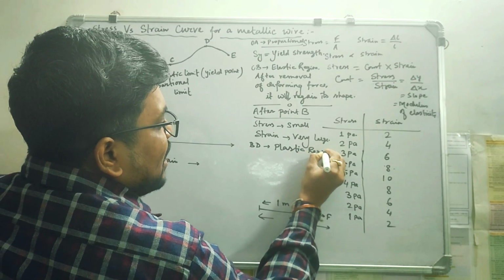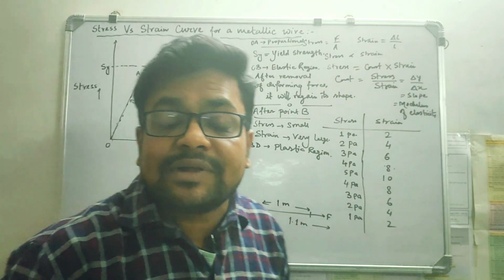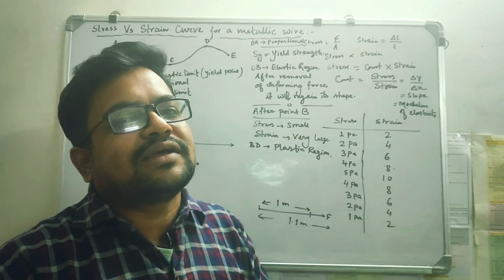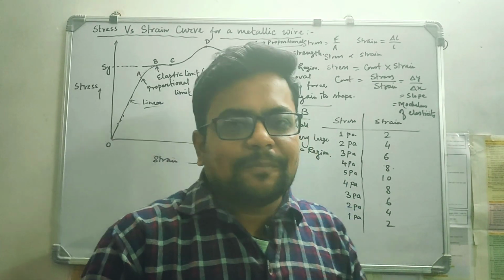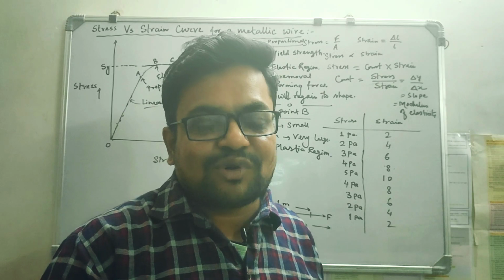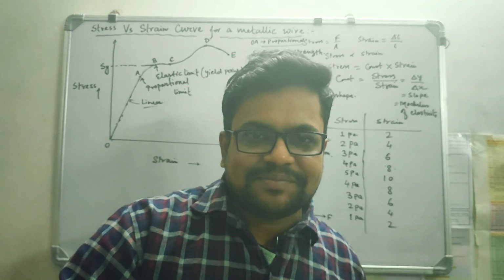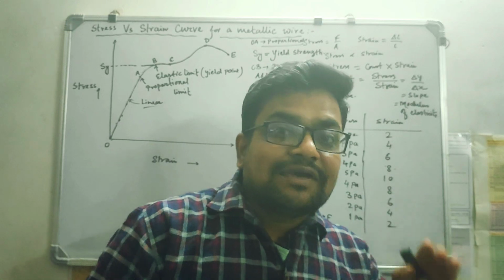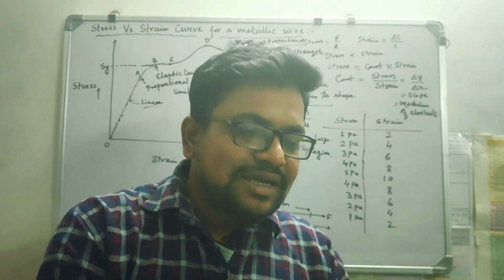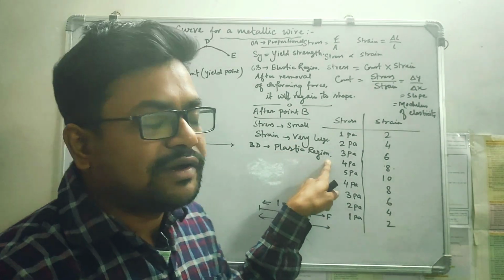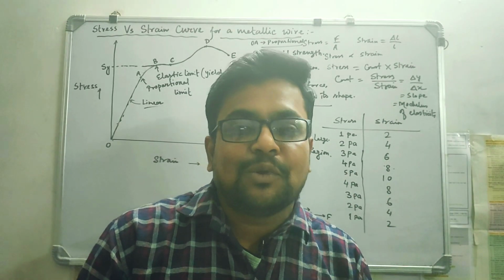What does plastic region mean? Plastic region का मतलब होता है when we apply force and then remove the deforming force, it will not bounce back to its original shape, and its length will continuously increase, even without applying any force. That is known as the plastic region, or also called plastic flow.